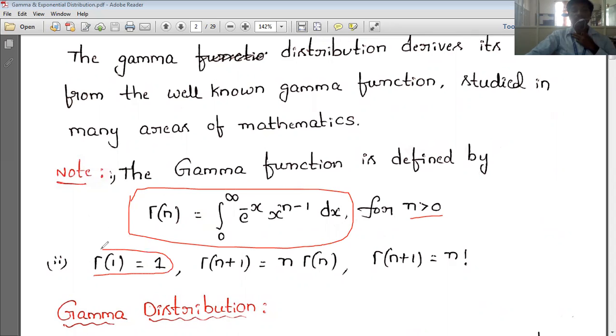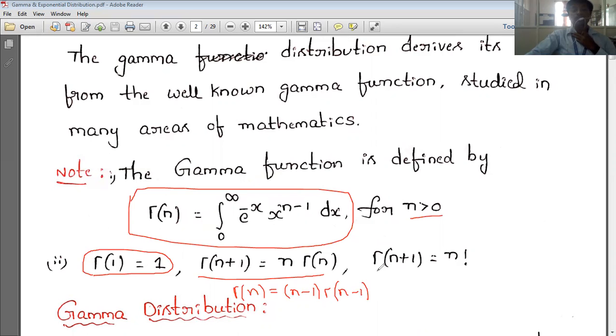We already learned all the proofs in your first BTech level. Gamma n plus 1 is equal to n into gamma n, or in some cases we write the same formula as gamma n is equal to n minus 1 into gamma n minus 1. This we also use.